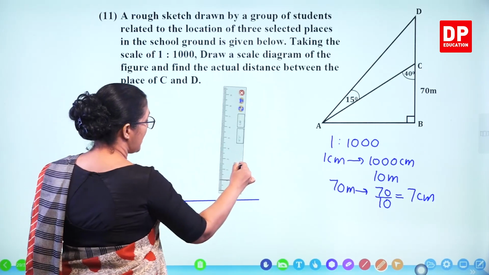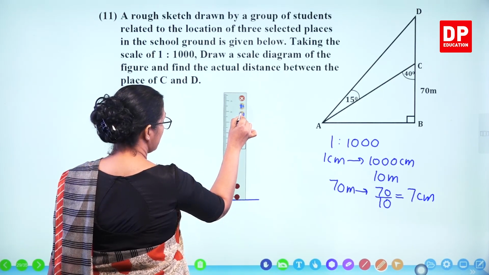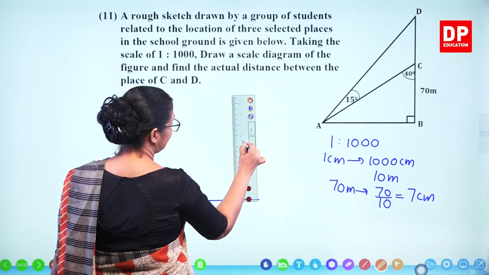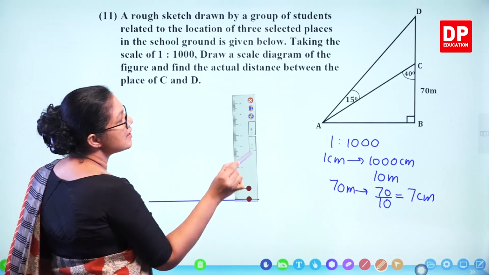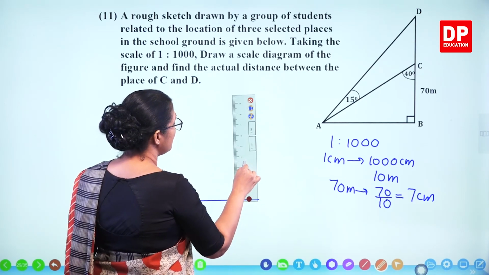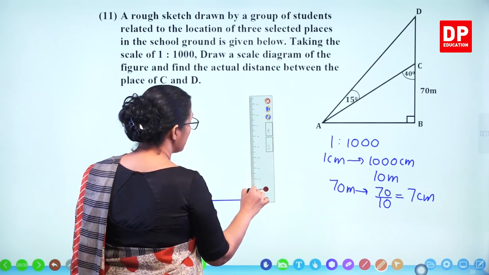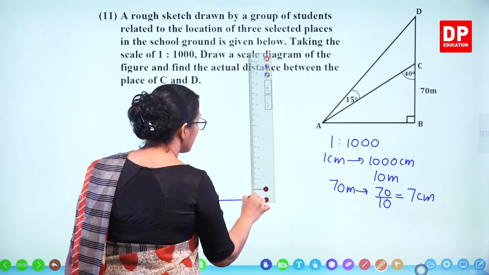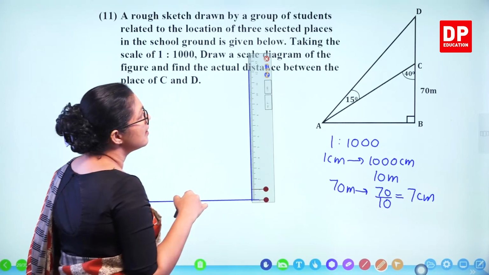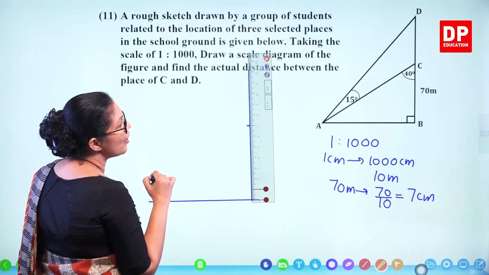So here we can keep it on the line like this, and we need 7 centimeters. So we'll put it here. So 7 is here, but we can draw the line here because we need CD as well. So 7 is here. That's point C.